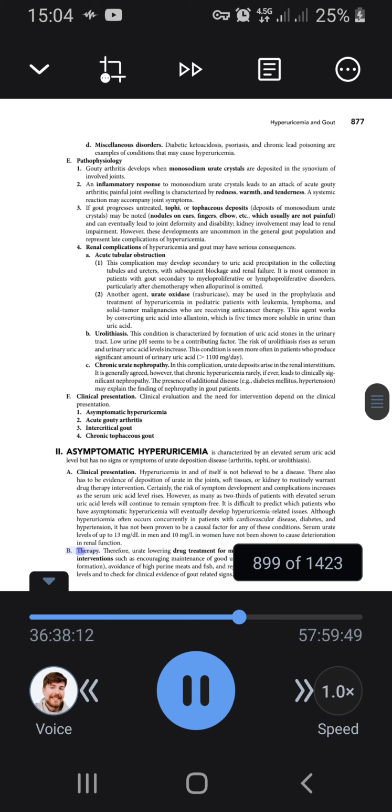B. Therapy. Therefore, urate-lowering drug treatment for most patients is not required. General interventions include encouraging maintenance of good urine output to prevent uric acid stone formation, avoidance of high purine meats and fish, and regular medical exams to check serum urate levels and to check for clinical evidence of gout-related signs.